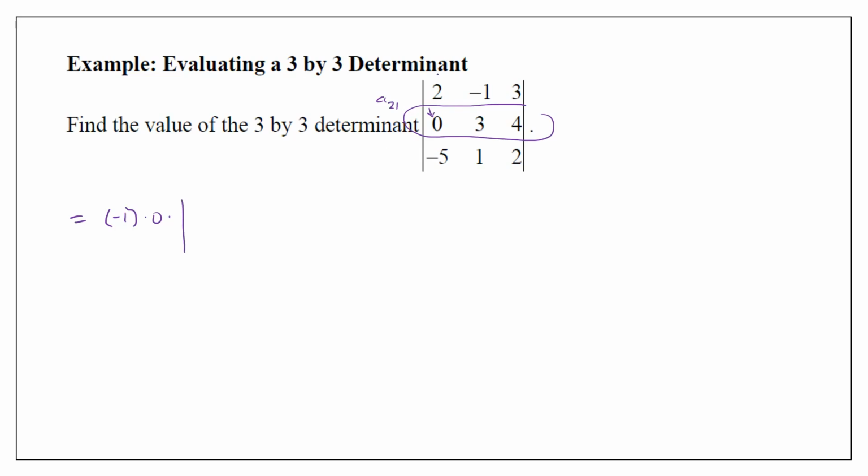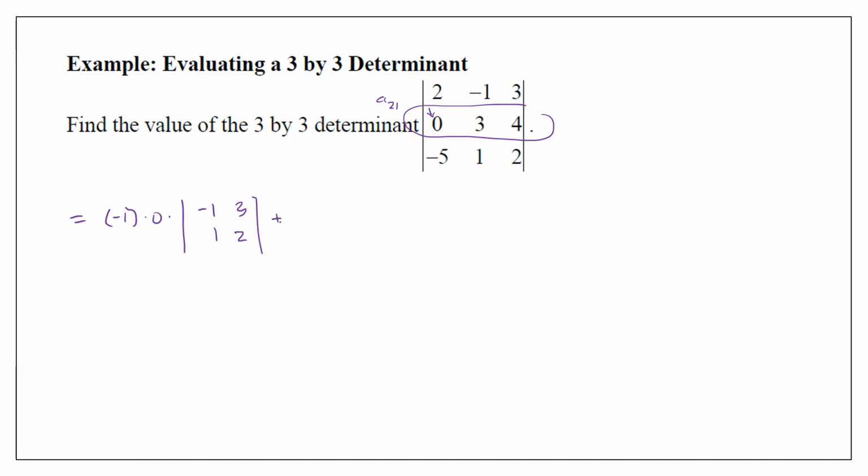So I'll eliminate the first column as well as the row, which will leave me with -1, 3, 1, and 2. Then I will take the next entry.